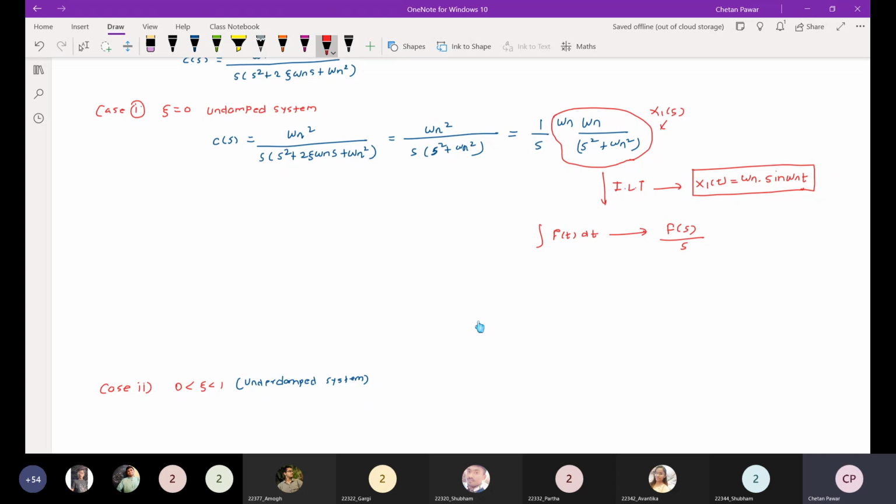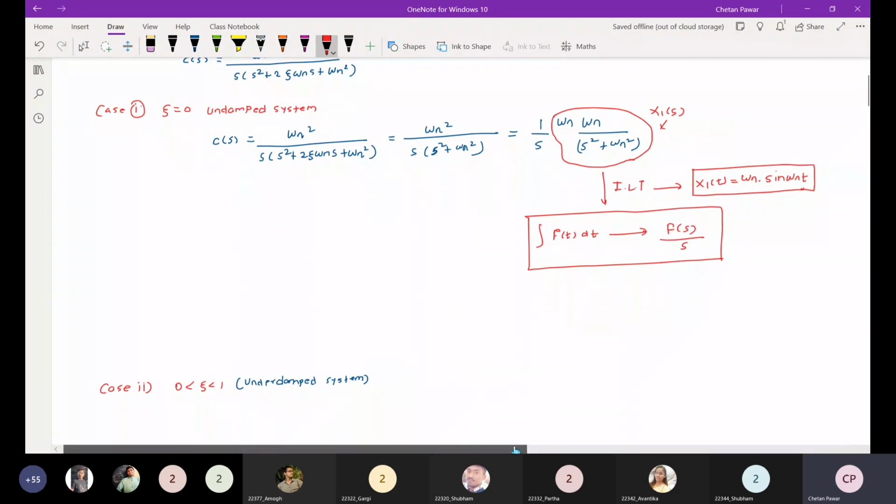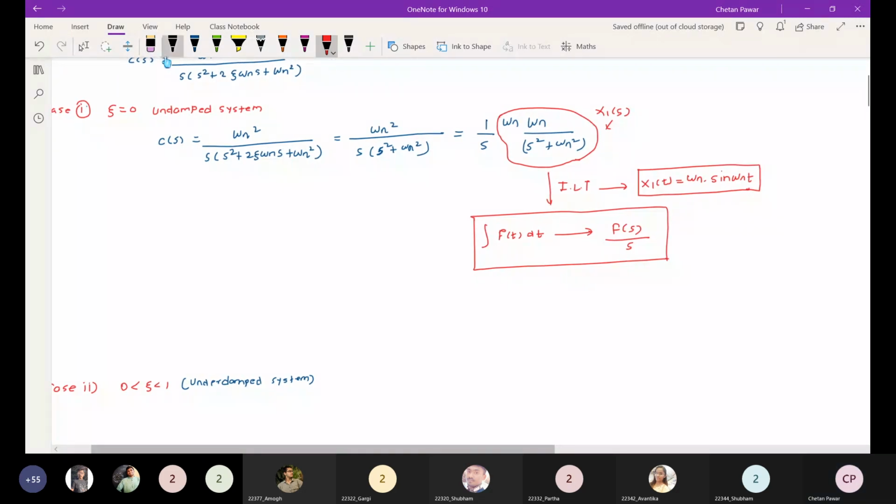So you can apply this property here. After applying this property, what will be the ILT of that particular signal?